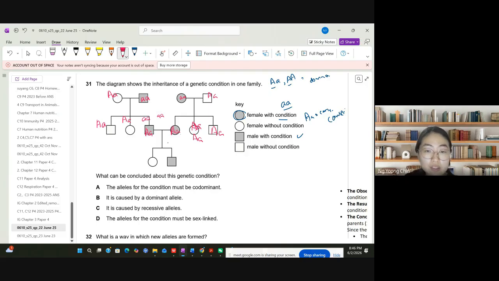You produce the AA, AA, or AA, AA. So that means, if given the condition that this disease is caused by the dominant allele, which is this one, the allele which carries the big capital A, it will get the disease.